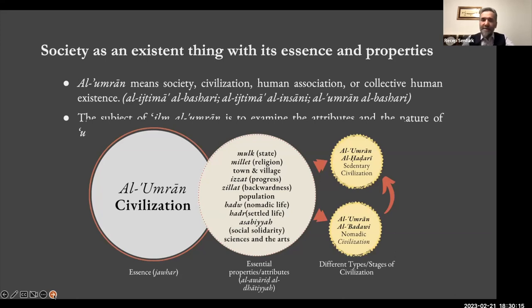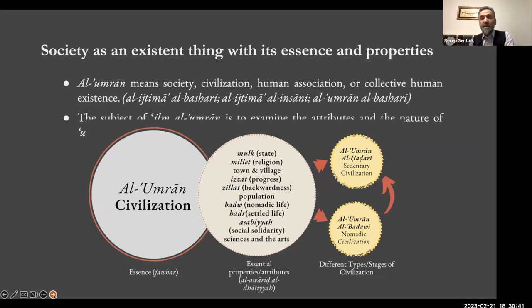solidarity. And Ibn Khaldun accepts that there are two types of civilization: al-Umran al-Hadari and also al-Umran al-Badawi, sedentary or urban civilization, and the nomadic civilization. So from this perspective, there is no society which doesn't have civilization.